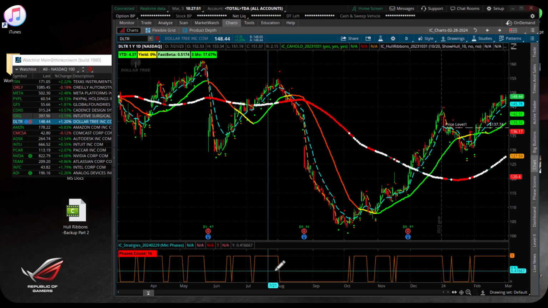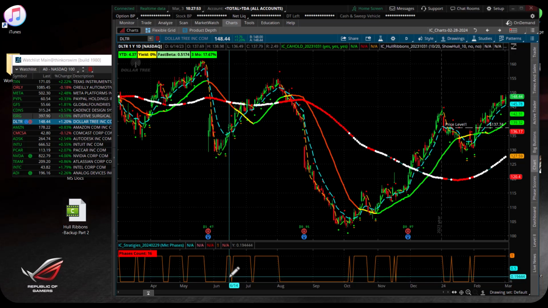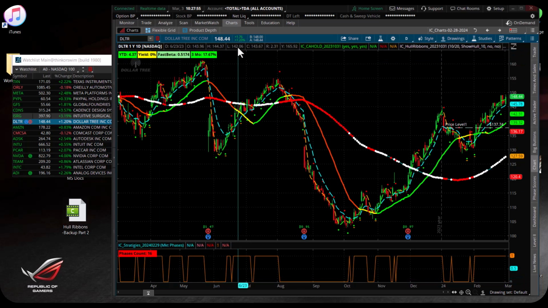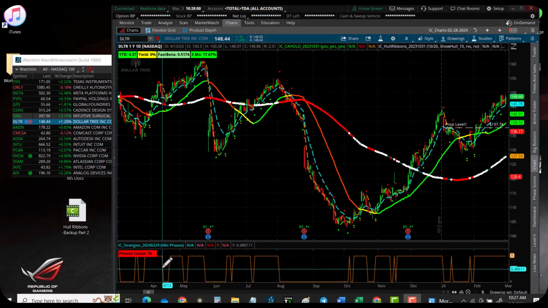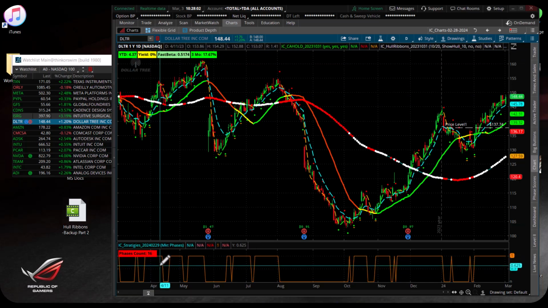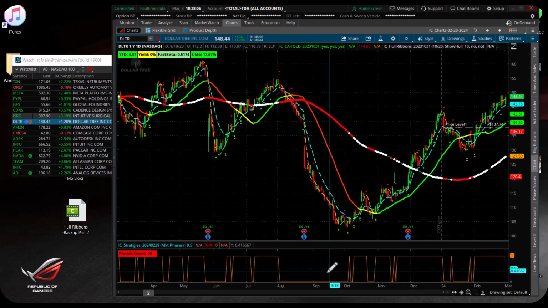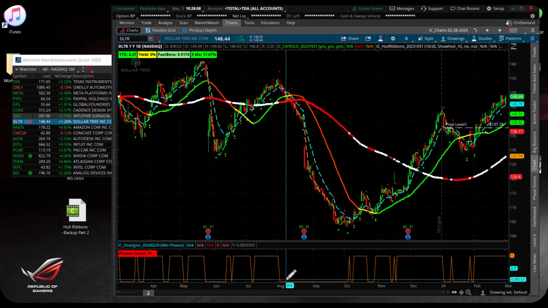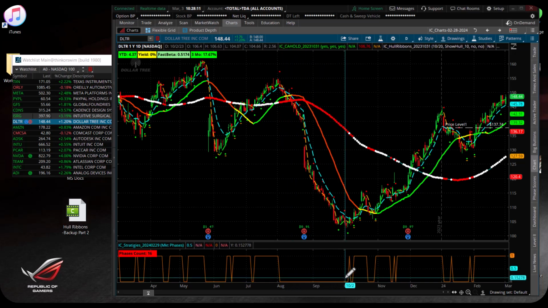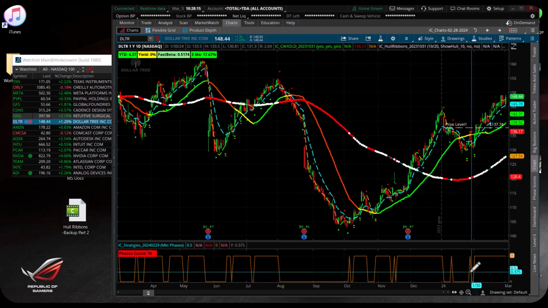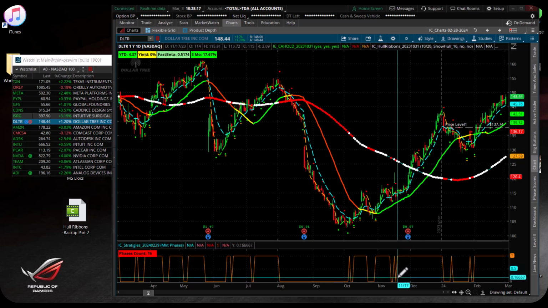So purely binary, buy and sell, and we can see that for Dollar Tree for the last year, we were in a buying situation for 16 periods. Not a whole lot. Obviously, if we were in a selling situation, we didn't want to be invested in the stock, but if we were in a buying situation, we wanted to be in there.